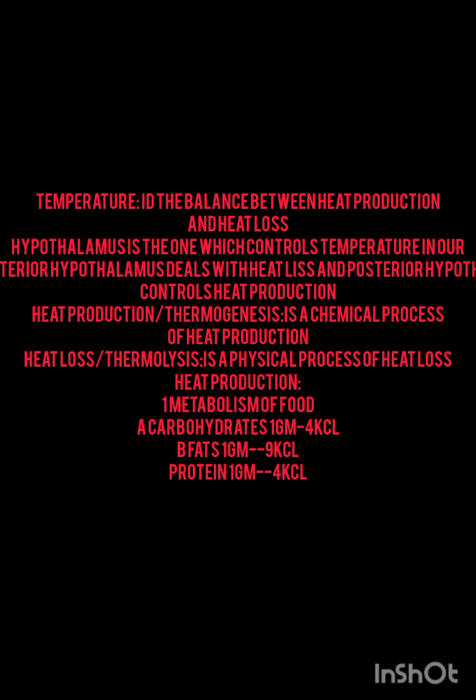Each and every process, like fat metabolism, carbohydrate and protein metabolism, is a chemical process. So the chemical reaction is taking place, and that's how heat is produced. Not only that, when we work out during exercise, heat is also produced. That is also a chemical process.